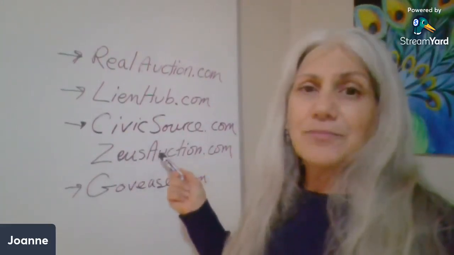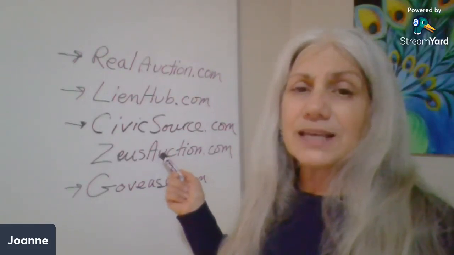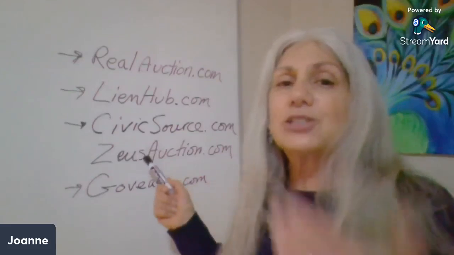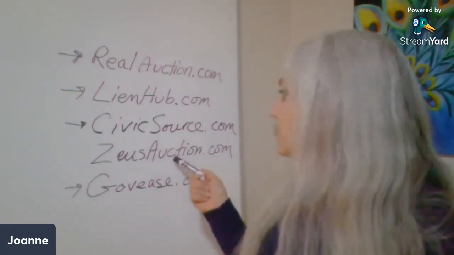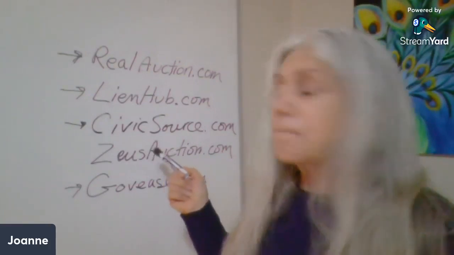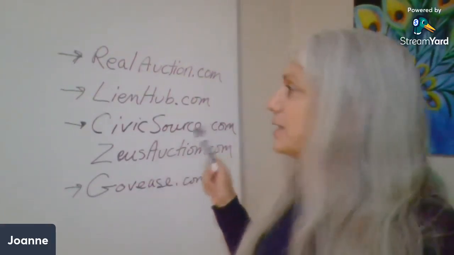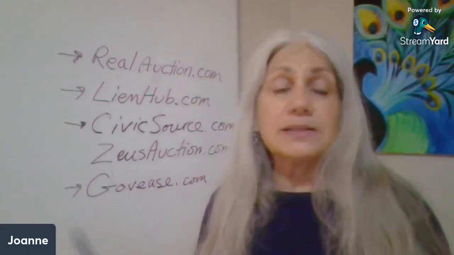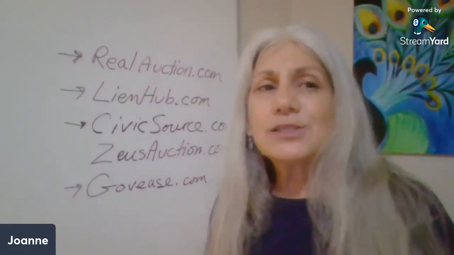Zeus Auction makes that easy. The county gets your information and will approve you right on Zeus Auction. On all of these platforms, some counties will ask for a deposit and some won't.